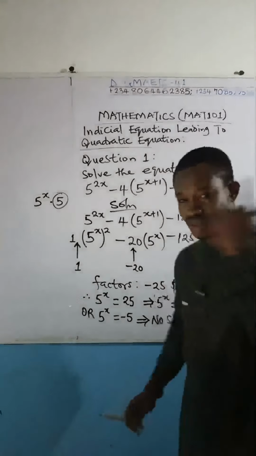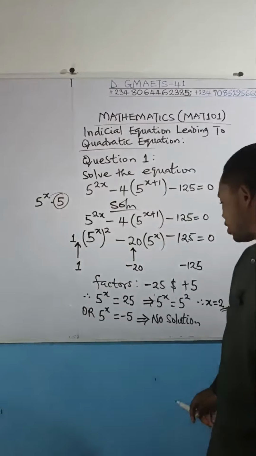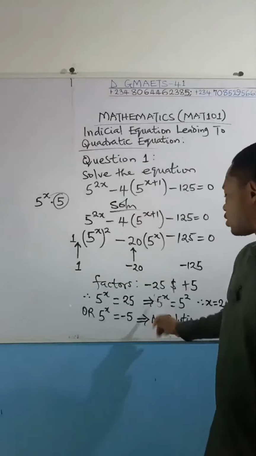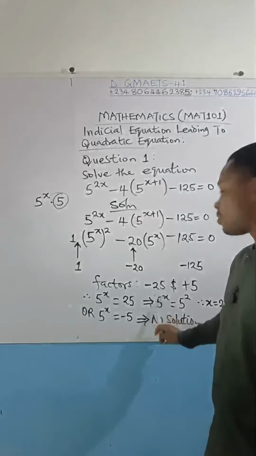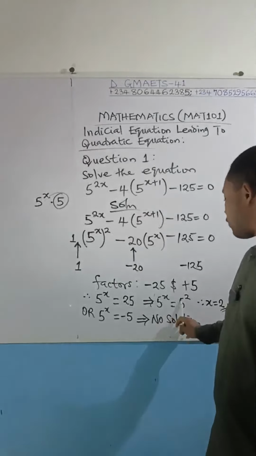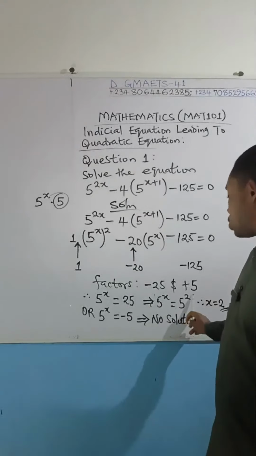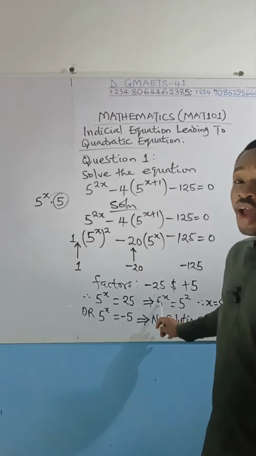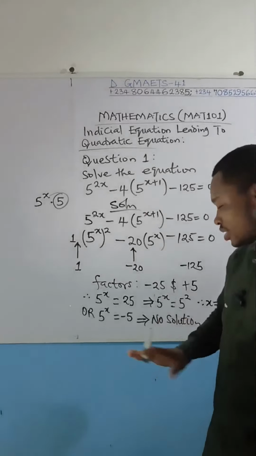I've explained this in, I think, the last class. So with the logs being taken, log of 5 base 5 will give you 1, so that leaves you with x. Log of 5 base 5 will give you 1, it leaves you with 2. Therefore, x will now be equal to 2. As simple as that.